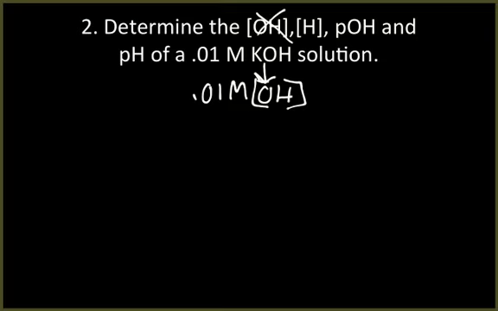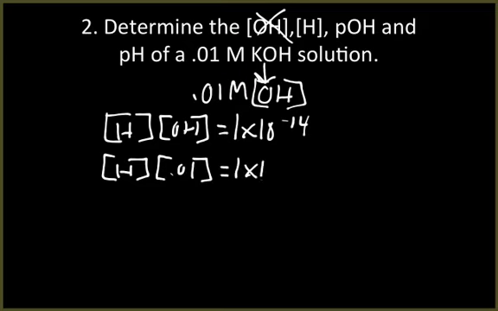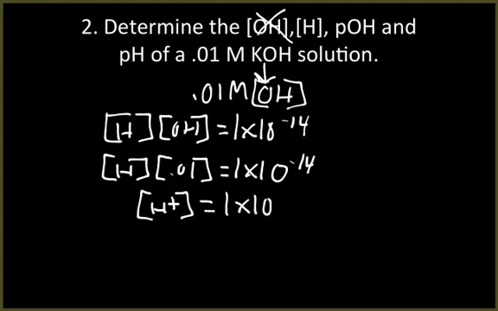We need to know H plus from this, and that's pretty simple as well, because the concentration of H times the concentration of OH equals 1 times 10 to the negative 14th. So we just need to plug it in and solve for H. That gives 1 times 10 to the negative 12th, which is a unit of concentration.